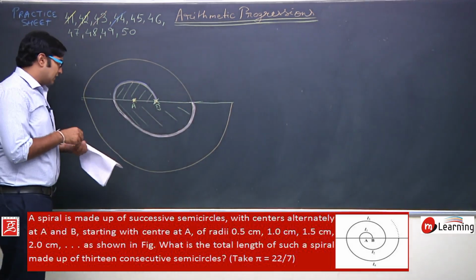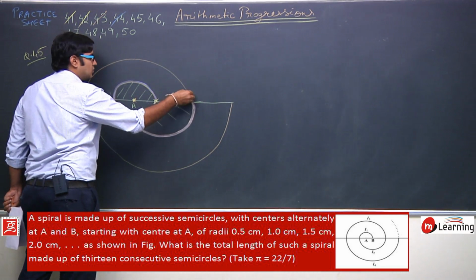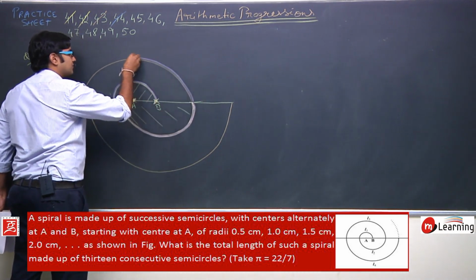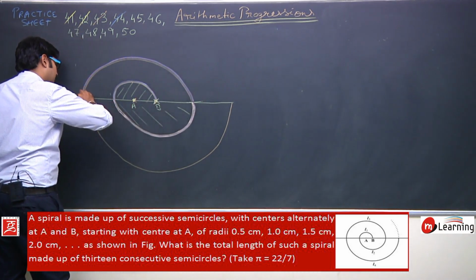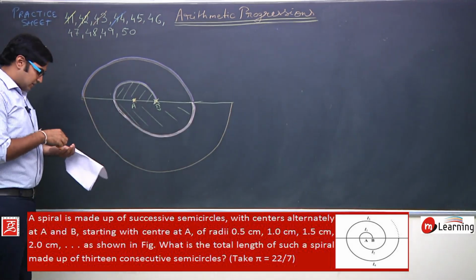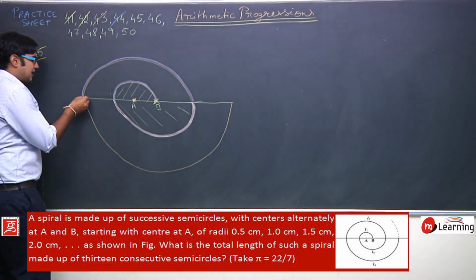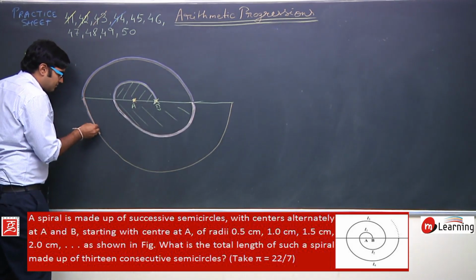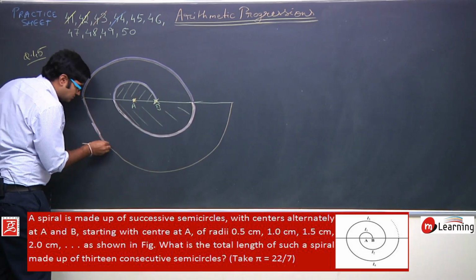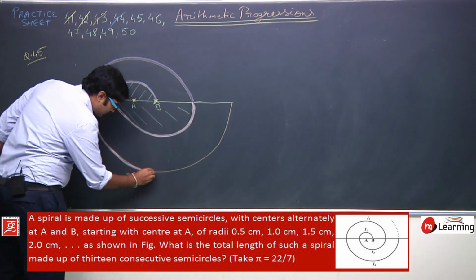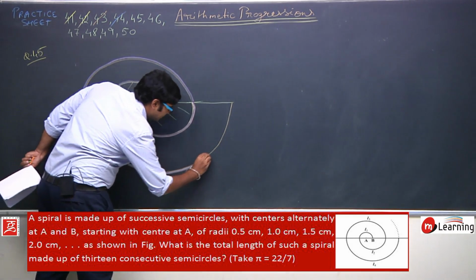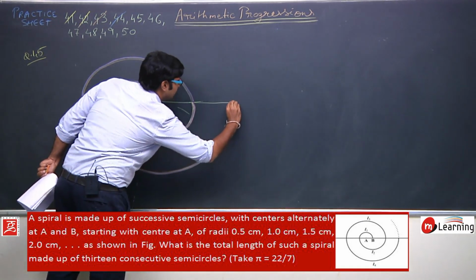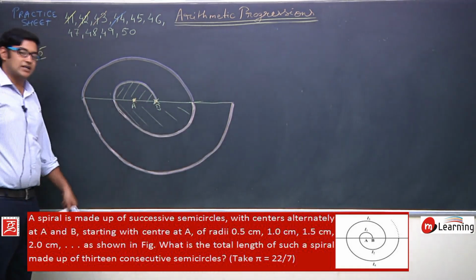Then this third semicircle is again drawn with A as the center. Then with B as the center, I have drawn this fourth semicircle. This semicircle is the semicircle which is drawn with B as the center.